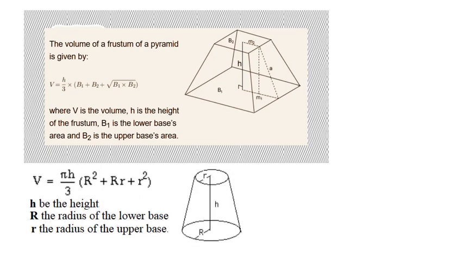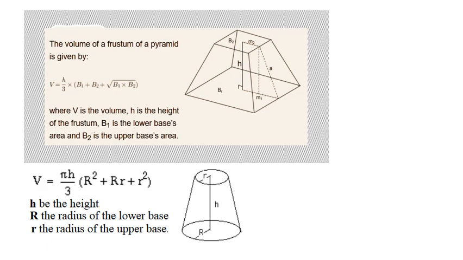Volume of the frustum of a cone is not different from that of the frustum of a pyramid. If the shape of the base is a circle, then it becomes a frustum of a cone, that's all. So for that also we can use the same formula. It is pi h by 3 into capital R square plus capital R into small r plus small r square, where capital R is the radius of the bottom circle and small r is the radius of the top circle.